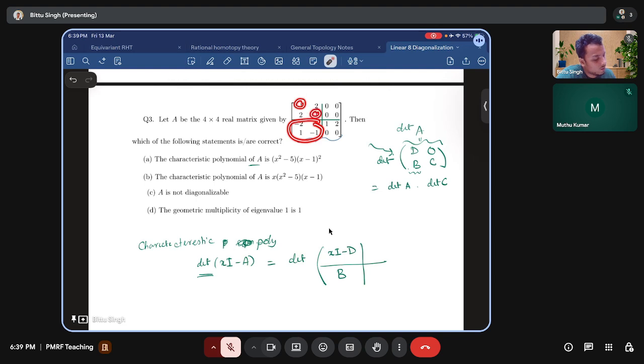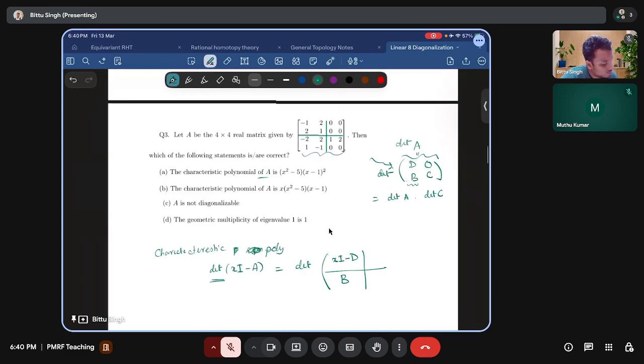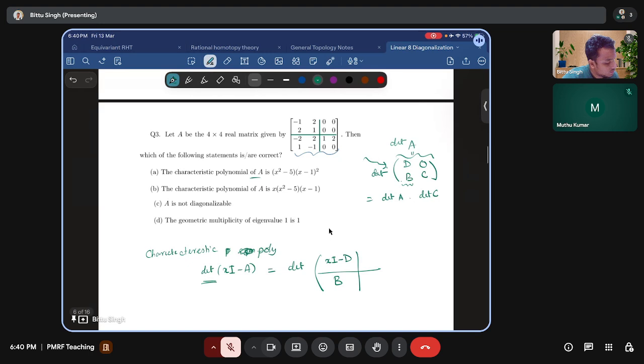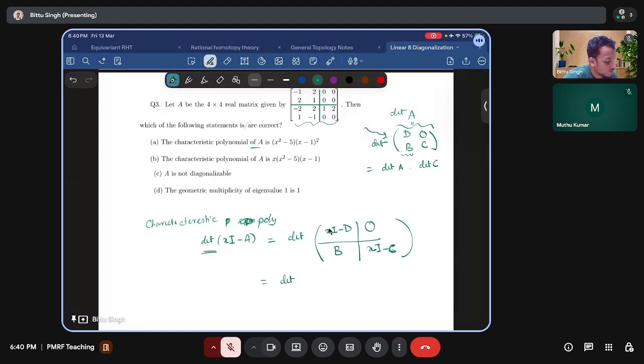Diagonal entries will appear in A, in D, and also in C. So B will not change by this subtraction, and this is xi minus C. This is again unchanged, right? So this is the same as the determinant of xi minus D times the determinant of xi minus C.